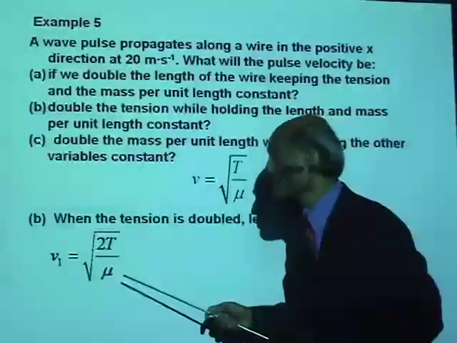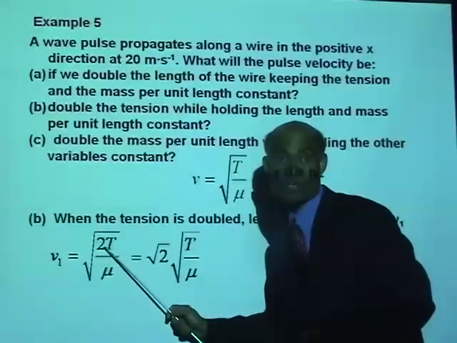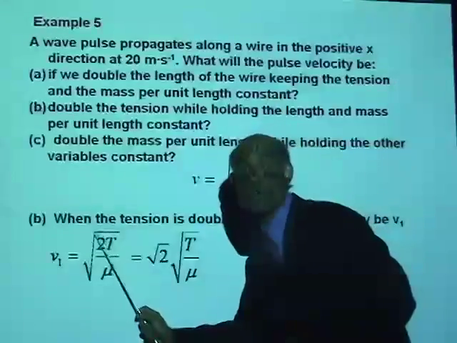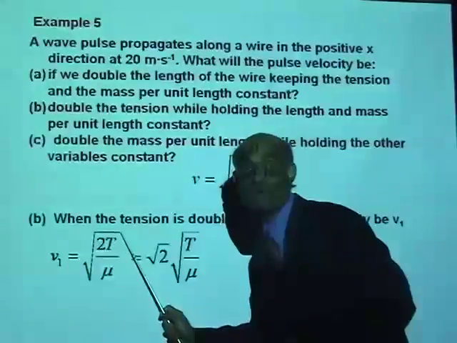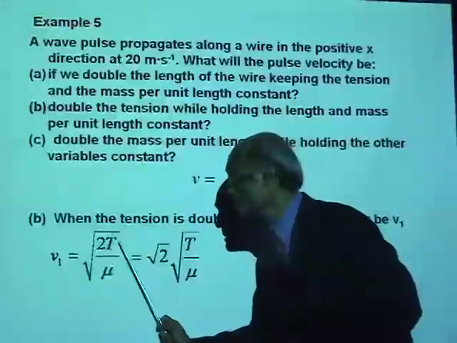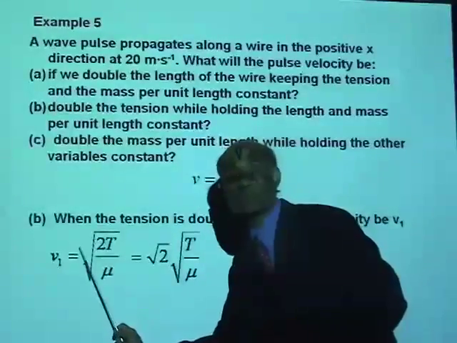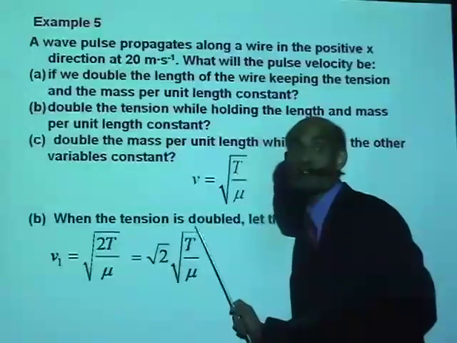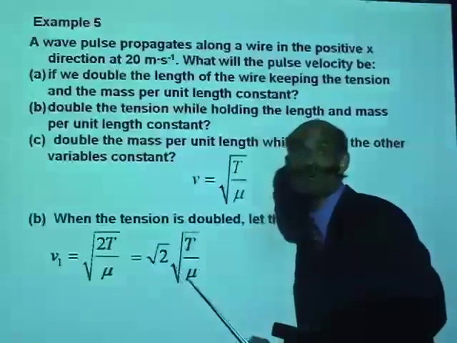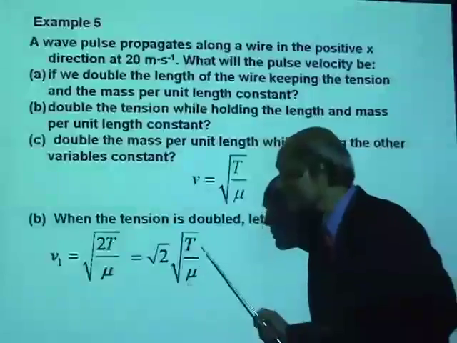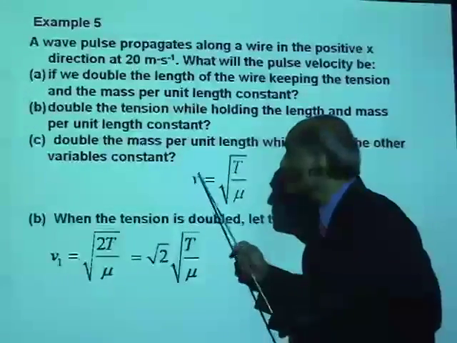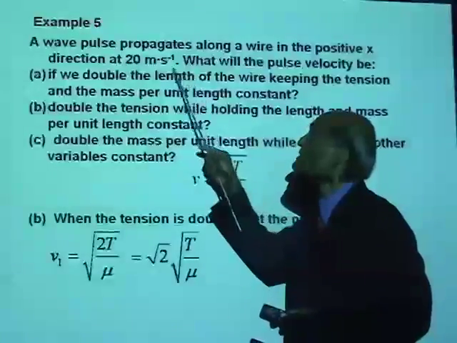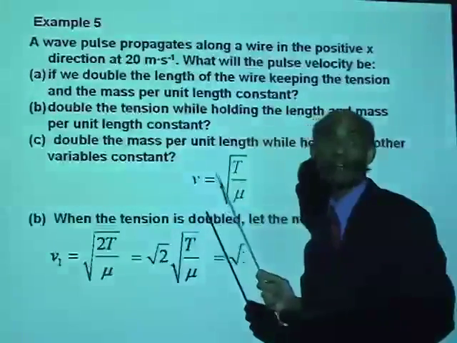Alright, we can now write this as, if you know a little algebra, the numerator can be written as square root 2 times square root T. Or simply square root 2 can be separated. It becomes square root 2 times square root of T over mu. And what is this equal to? Square root T over mu is the original value of the speed, which is 20 meters per second.